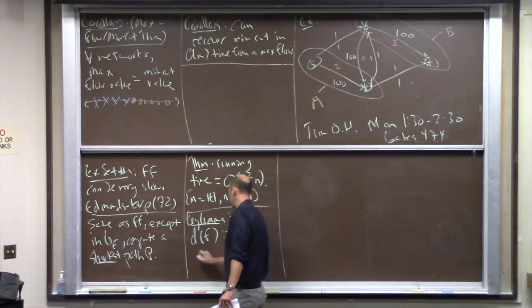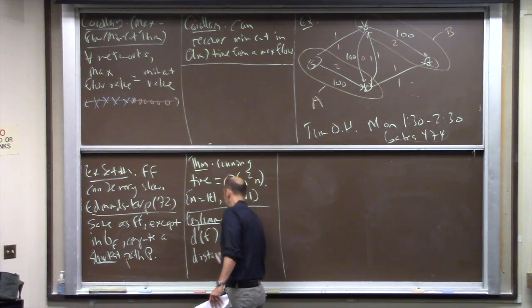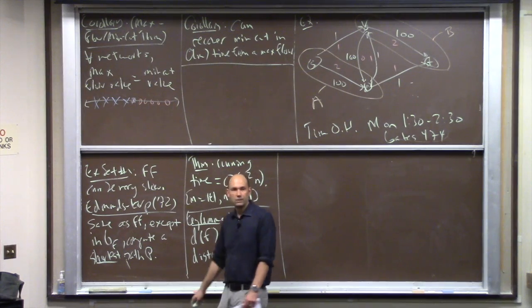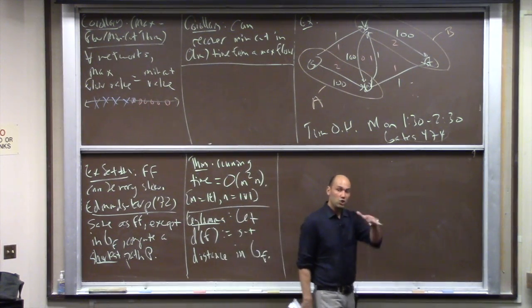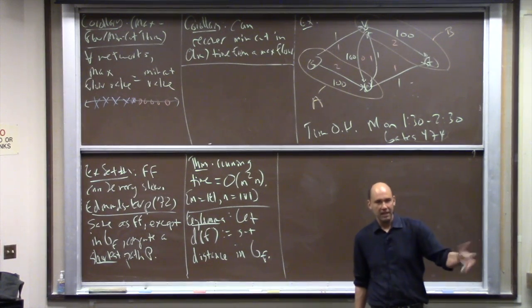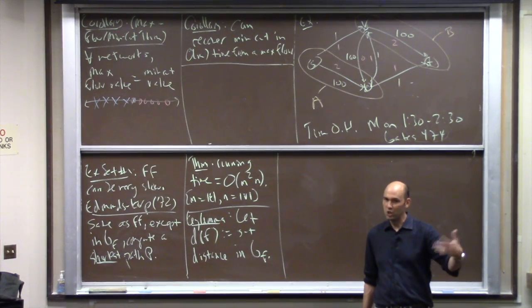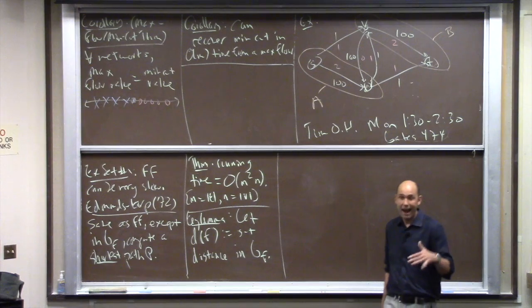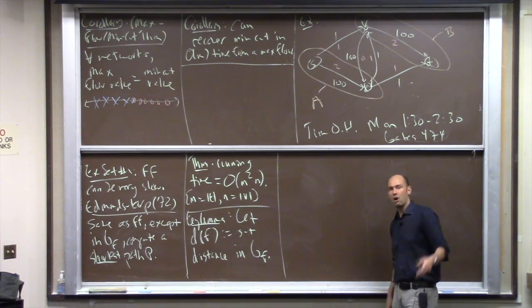So the S-T distance in G_F. Now again, don't forget, the original network G is fixed. F keeps changing. Every time F changes, the residual network changes. And so when the residual network changes, this number d of F might change. Okay, so we want to track this number as Edmonds-Karp proceeds.